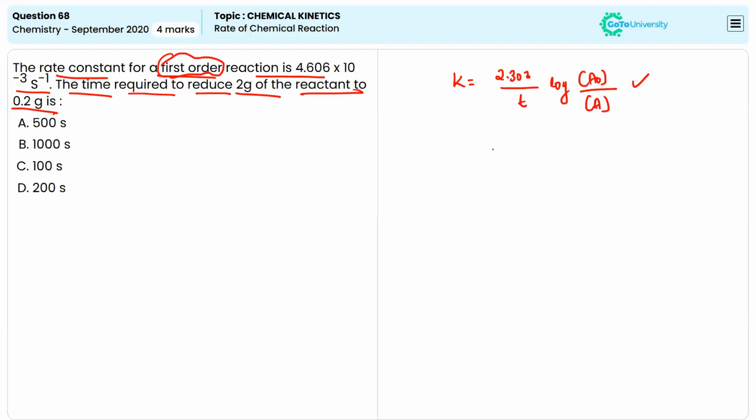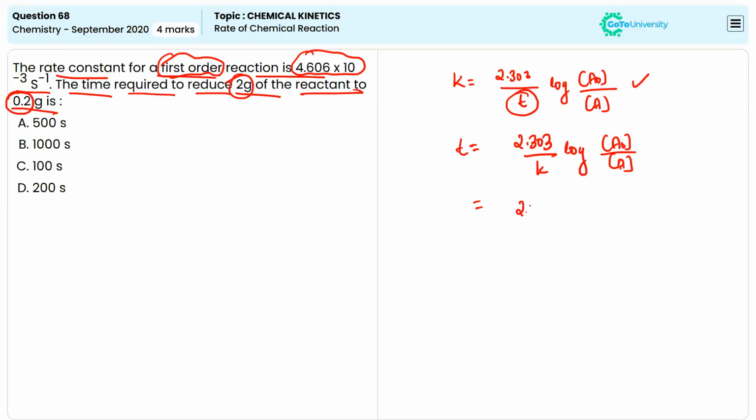We can find the value by substituting into the equation, because we have to find the time required for the conversion, so we have to find the value of t. K is given, the initial concentration is given as 2 grams, the final concentration is 0.2 grams, and K is 4.606 times 10 to the power negative 3. We can rearrange the equation for t: t is 2.303 by K logarithm of initial concentration divided by final concentration.